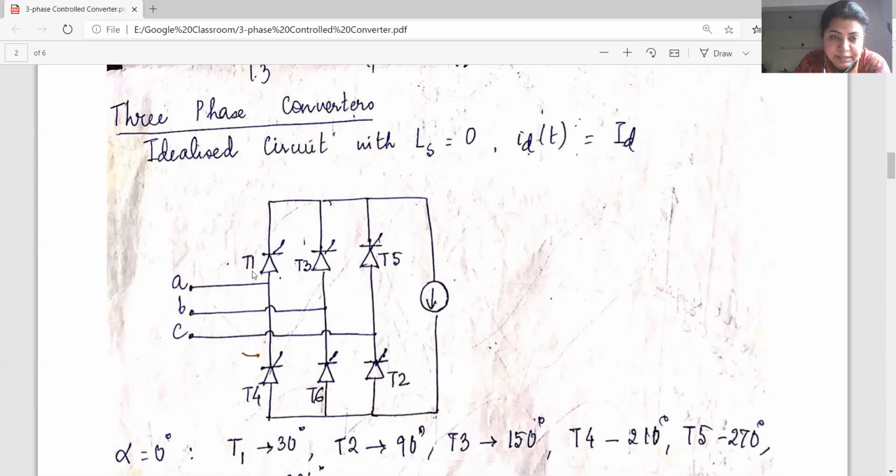See here, it's T1, T3, T5, T2, T4, T6. After T1, T2 will conduct, after T2, T3, after T3, T4, then T5, and then T6. So as per this sequence, these thyristors will conduct.